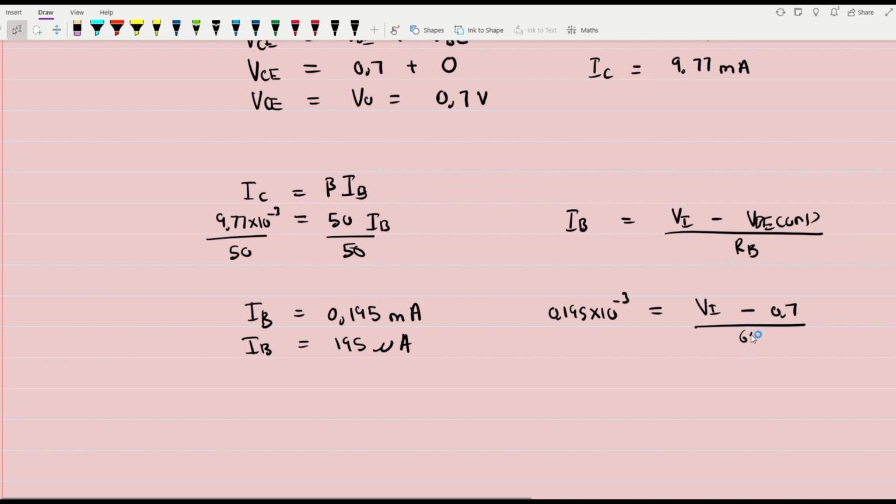Multiplying both sides by 640, I get 0.125 on this side, and VI minus 0.7. So 0.125 plus 0.7, and VI is equal to 0.825 volts.